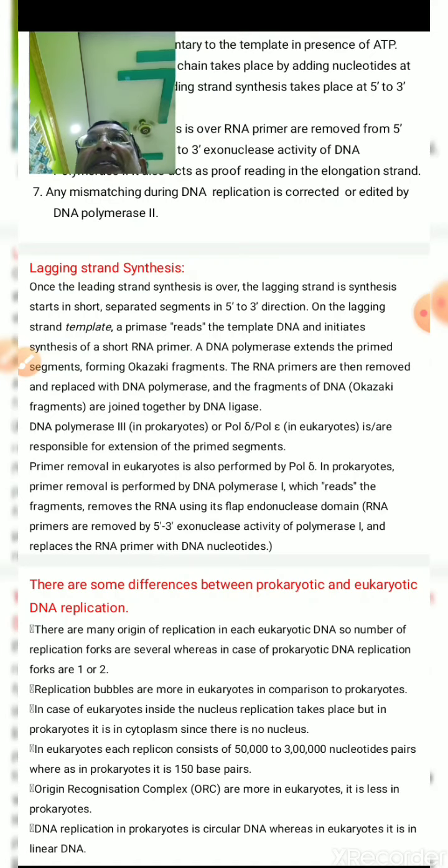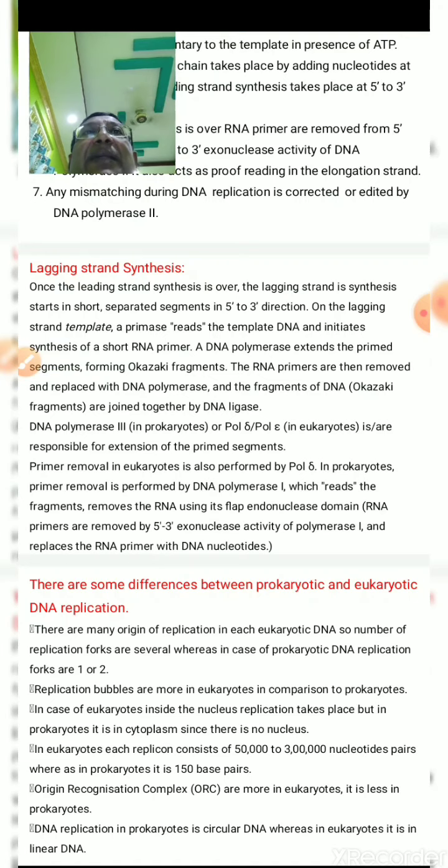DNA polymerase 3 in prokaryotes, or Pol delta or Pol epsilon in eukaryotes, is responsible for the extension of the primer segments. Primer removal in eukaryotes is also performed by Pol delta. In prokaryotes, primer removal is performed by DNA polymerase 1, which reads the fragments and removes the RNA using its endonuclease domains.